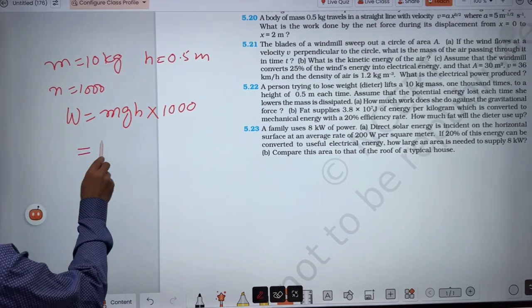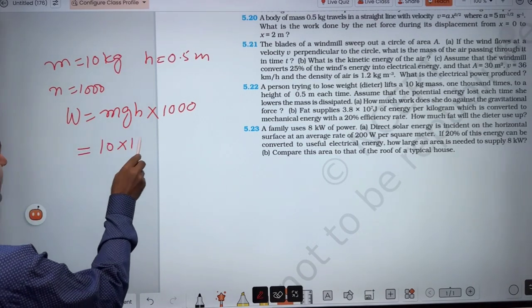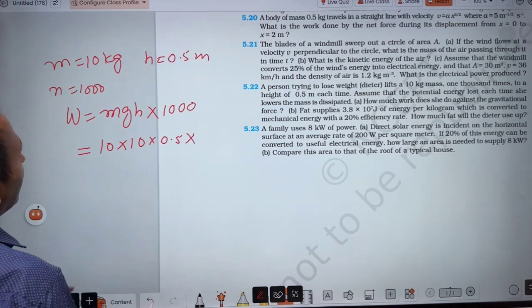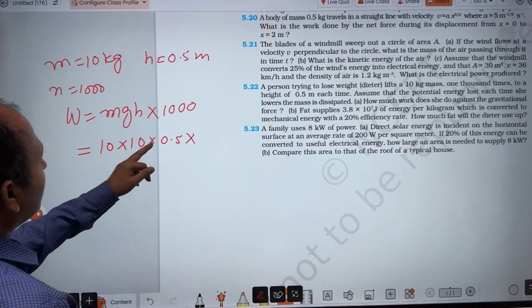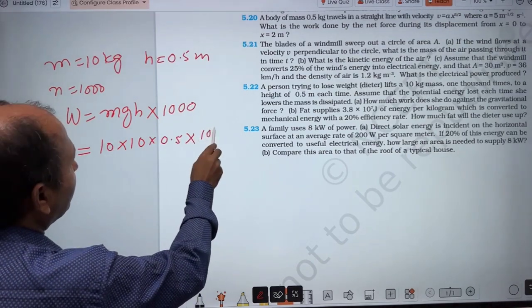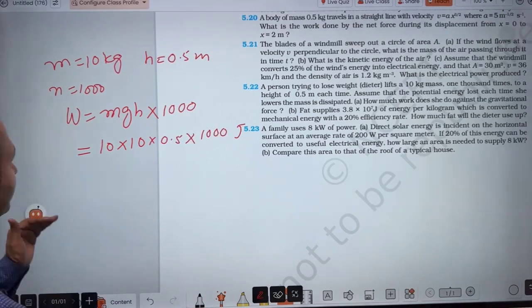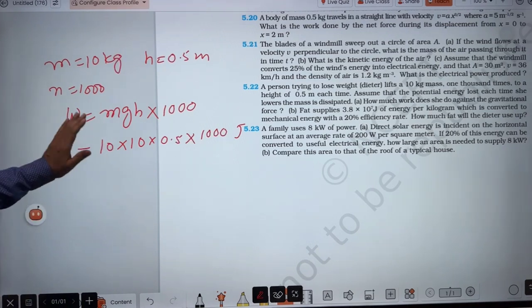So here 10, let's write g as 10 and height as 0.5, into 1000. The mgh comes to 1000 joule. So this is the amount of work done in lifting the 10 kg mass 1000 times.